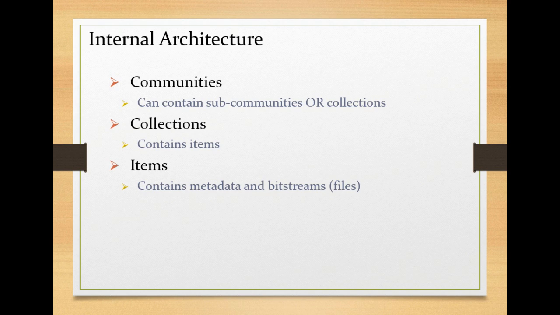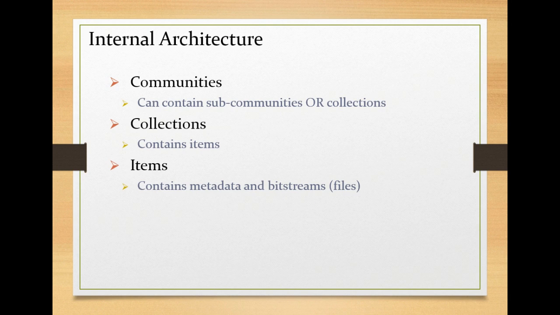Like one example I would like to give here. For example, I am working in a college or university which has multiple departments, and I have multiple subjects. So how am I going to organize the collection? I will give the top level community as my central university of ABCD, whatever it is.